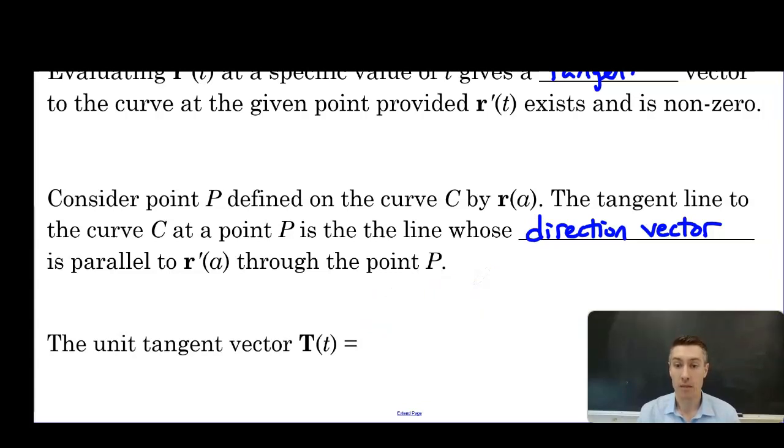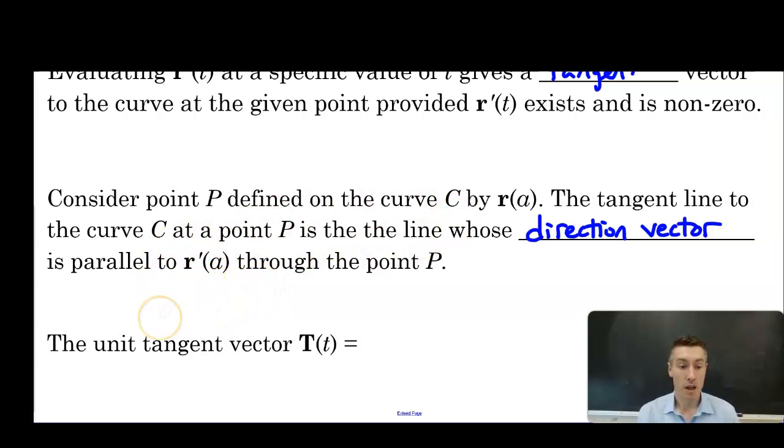What this is saying is if we want to write a tangent line to a vector function, we're going to use r prime at whatever point we're writing the line as our direction vector, because the direction vector is going to be parallel to the tangent vector at that point. Right? That's all this is saying. We'd write the line the same way, whether it be as a vector function or as parametric equations, the same way that we've done previously. But now the derivative vector, r prime, is going to give us our direction vector for that line.